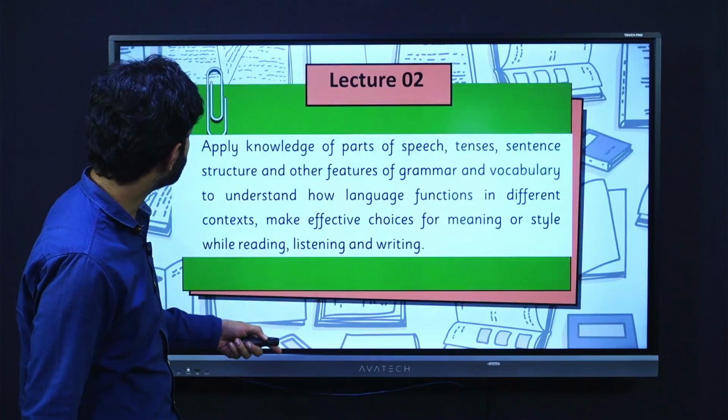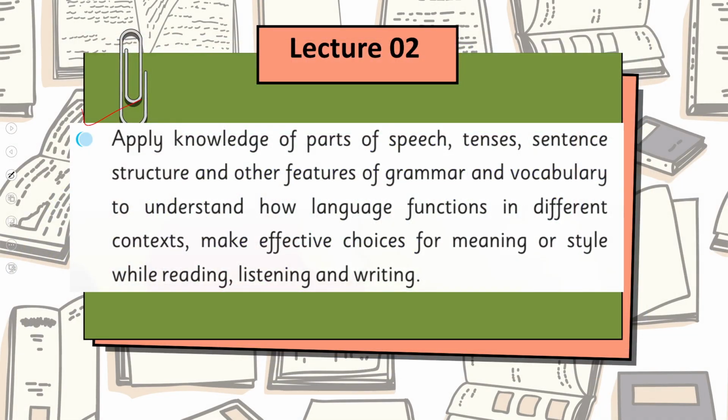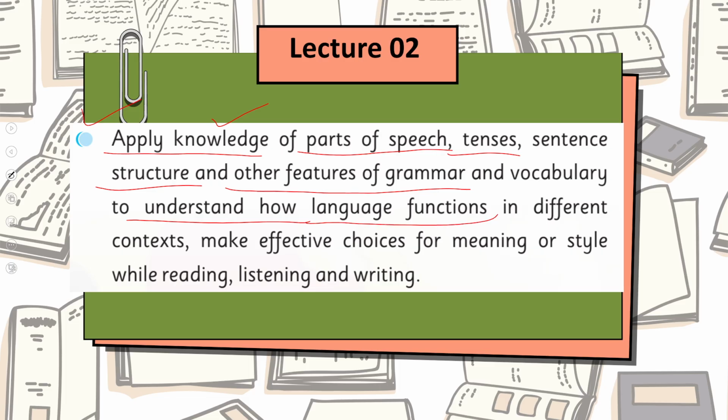Now, the next lecture is to apply knowledge of parts of speech, tenses, sentence structure, and other features of grammar and vocabulary to understand how language functions. How does the language work in different contexts? It means in different scenarios and different situations.